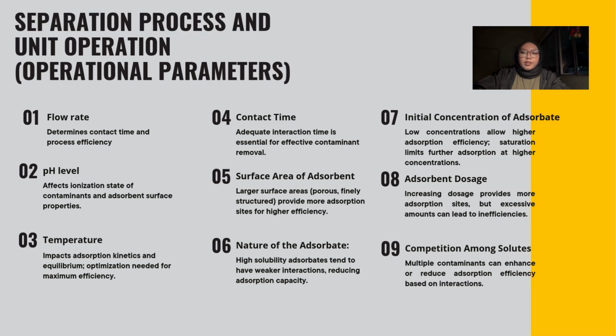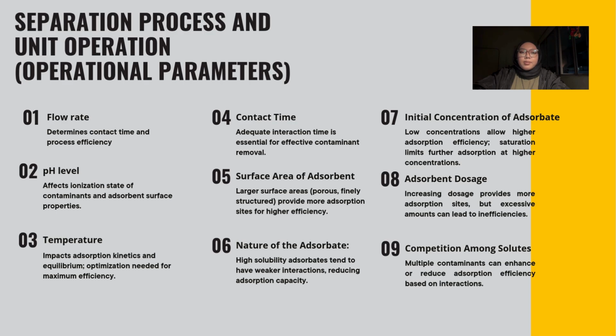The fifth one is surface area of the adsorbent. Larger surface areas and porous, finely structured materials provide more adsorption sites for higher efficiency. The sixth one is nature of the adsorbate. High solubility adsorbates tend to have a weaker interaction, reducing adsorption capacity. The seventh one is initial concentration of the adsorbate. Low concentration allows higher adsorption efficiency.